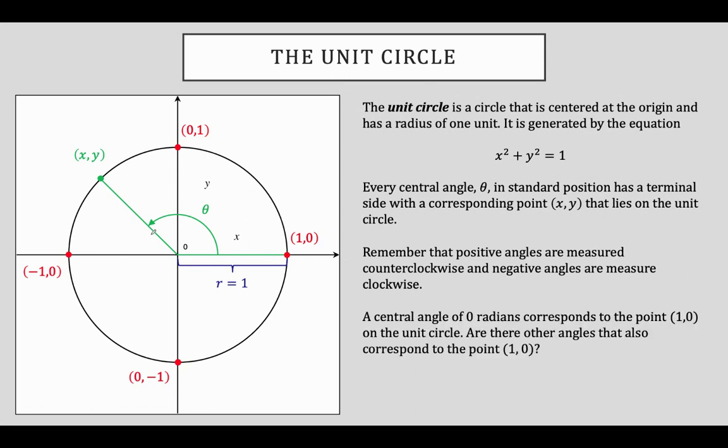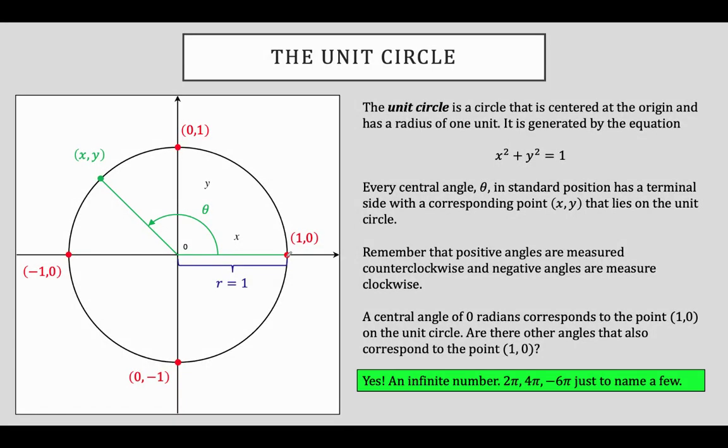A central angle of 0 radians corresponds to the point (1, 0), right? We talked about our radian measure on the unit circle. So, are there other angles that also correspond to the point (1, 0)? And the answer to that is yes.